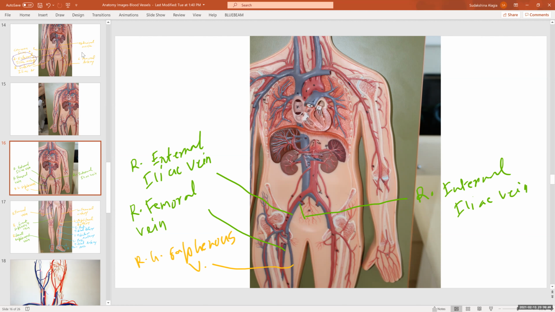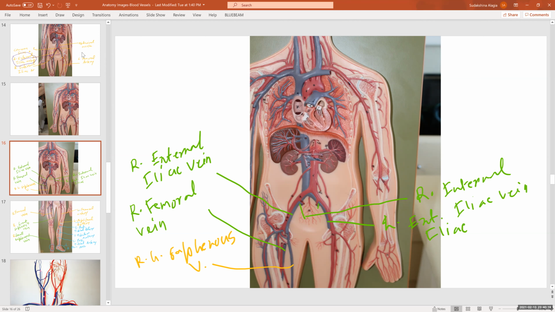You can see the left external iliac and left internal iliac too. I'm not going to write all of that. So basically repeat what you can see here. If you can see the vessel, these are bilateral vessels. Just make sure that you have the right and left delineated.